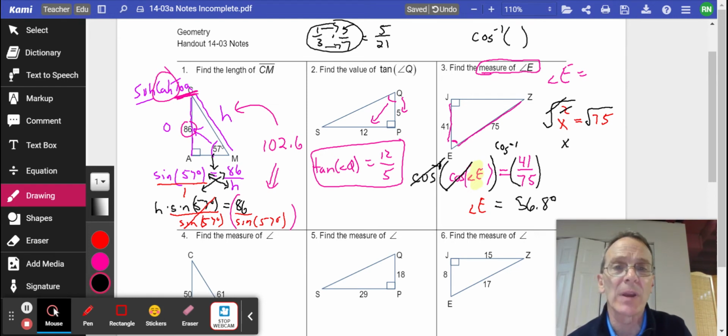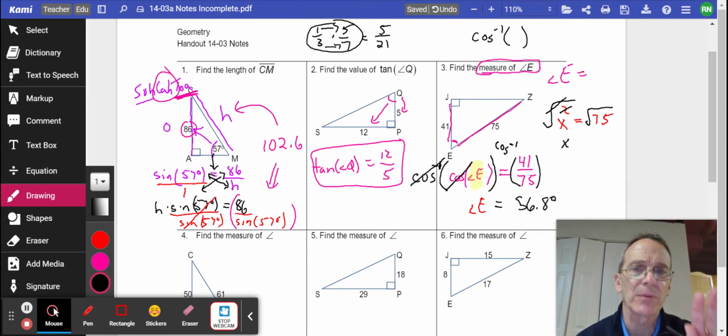Now, before we race on to any more problems, notice the difference between what I asked in question 2 and what I asked in question 3. Because right when we get to this lesson here, the third lesson in this unit, students start getting problem number 2 confused with problem number 3.